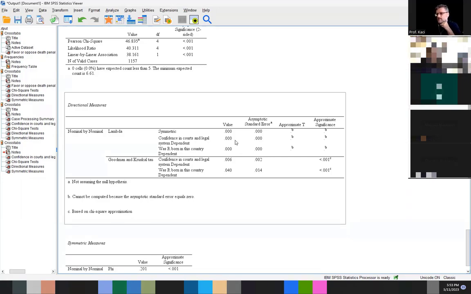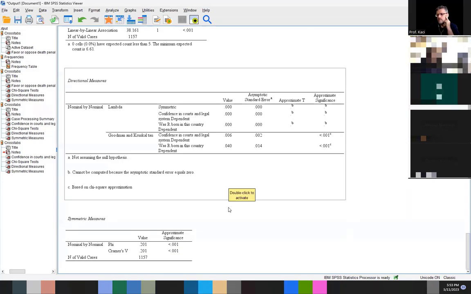It's 0. All right, so we can't say that knowing that somebody was born in the country or not is going to improve our guessing in terms of how their opinion or confidence in legal system is. It's 0. What about the strength of this association, the practical strength.